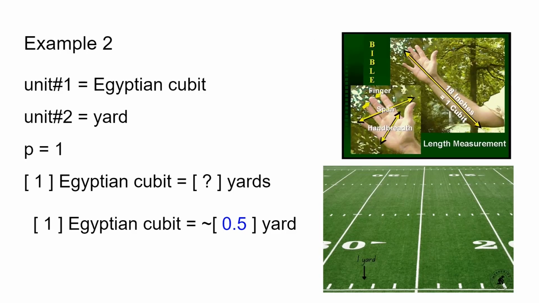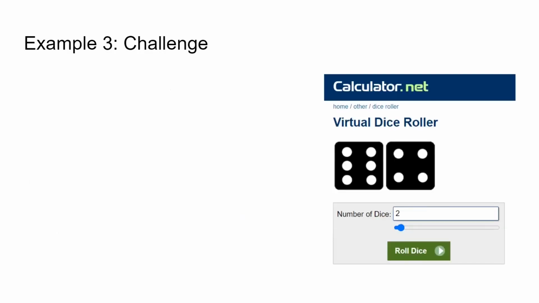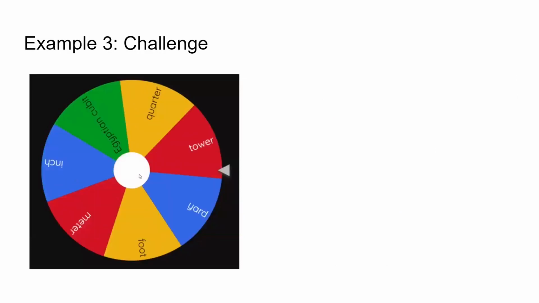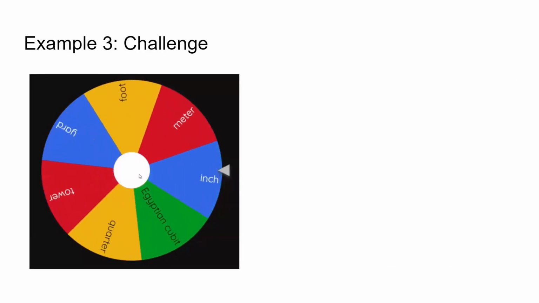Very good. You're getting the hang of the activity. So let's go on to our final example, which is going to be a challenge. In this example, I'll go ahead and use 2 dice instead of 1. This means the measurements will be a bit larger than the previous examples. So as before, we'll spin to see what units we get. My first spin, I got inches.